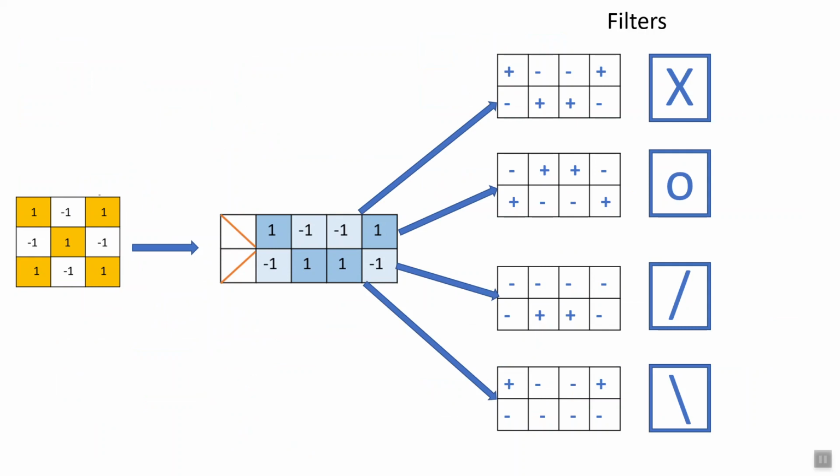We do the same thing as a convolution step, where we take this sign and apply it to every one of the numbers. So the first one is +1, then -1, -1 and +1.